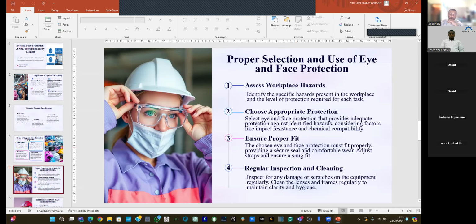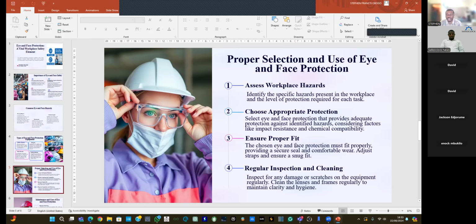So we carry out our hazard identification, probably risk assessment, to be able to identify the specific activity, and different industries with their specific requirements based on the standard that you've shared earlier.